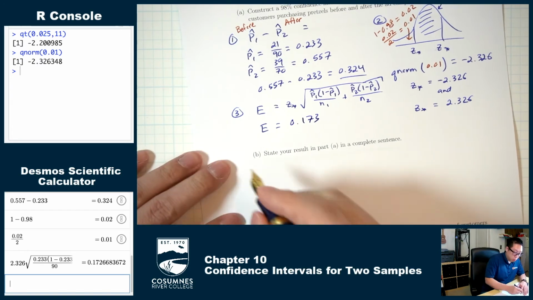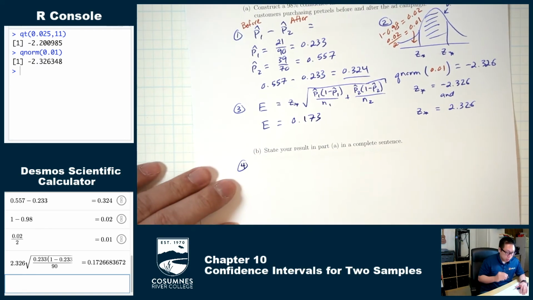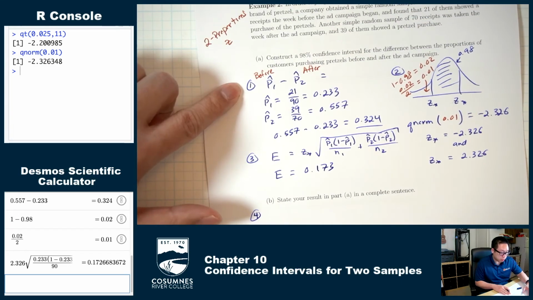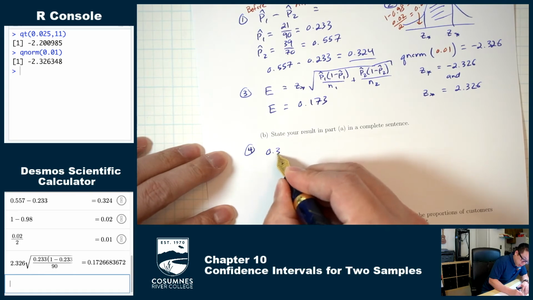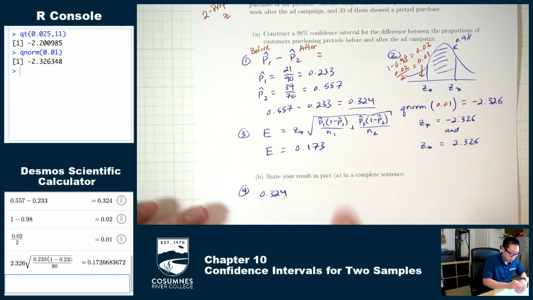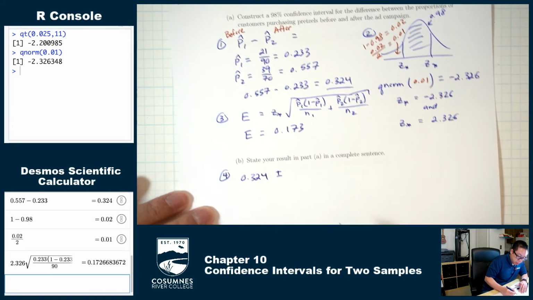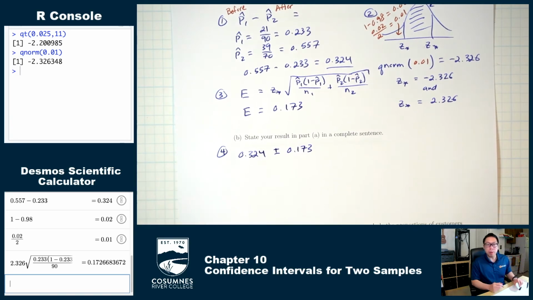And then finally, step 4, to construct your actual confidence interval. Start with your step 1, which was the 0.324. That was actually p1 hat minus p2 hat, plus or minus the margin of error, 0.173. And then I want my low number and high number.